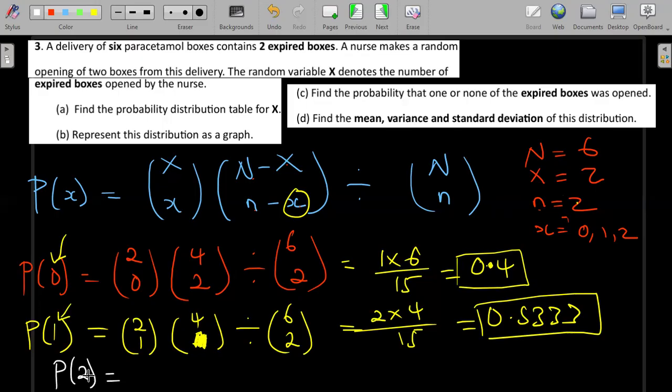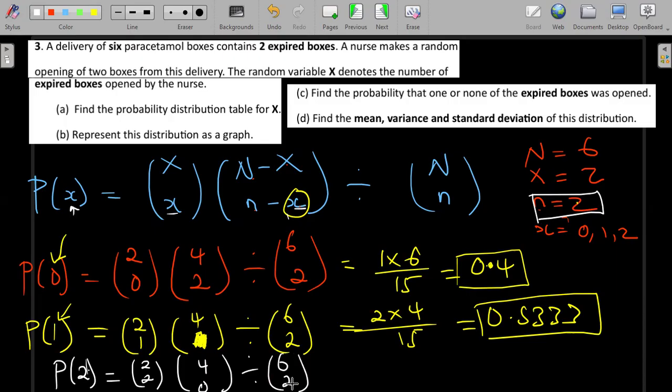Now let's find the probability of picking 2 boxes that are expired. If my small x is 2, it means here there will be 2, and there will be 2. So I'll have 2 combine 2, and then 4 combine 0 on top, because the n, remember, is 2 and the small x is 2, so that will be 0, divided by 6 combine 2. 2 combine 2 is 1, multiplied by 4 combine 0, which is also 1, divided by 15.